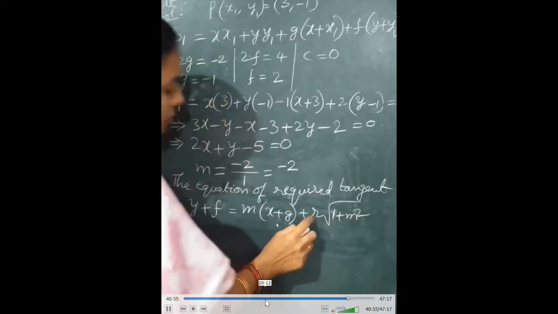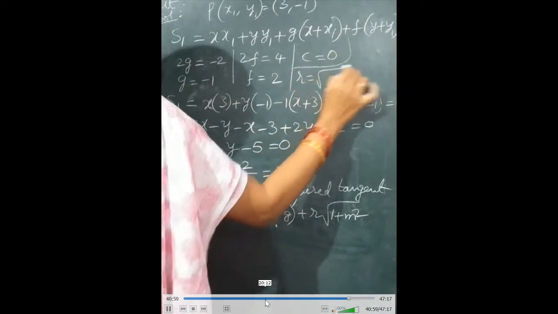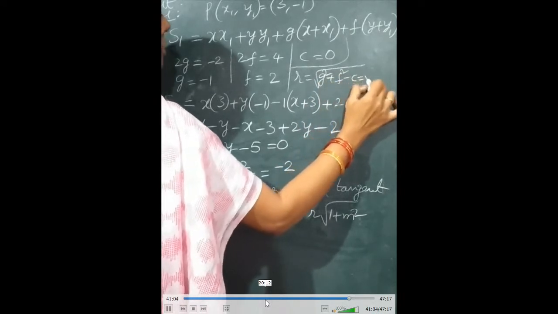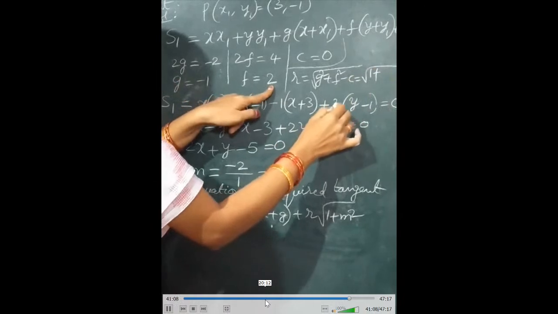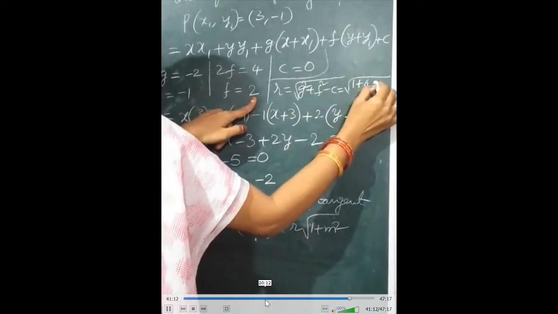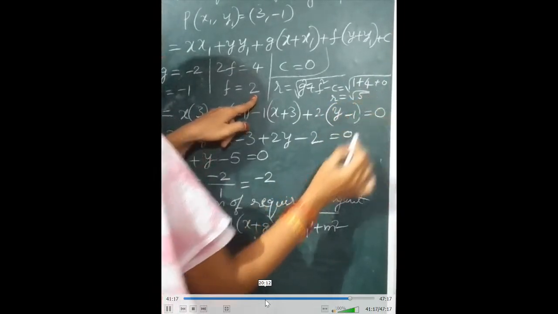Here we have to find out r. R is equal to root over g square plus f square minus c, which is root over 1 square plus 2 square, that means 4, and c equal to 0. R is equal to root 5.